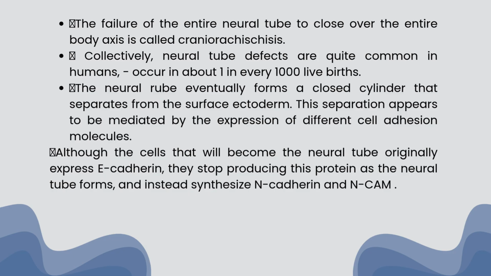The neural tube eventually forms a closed cylinder and separates from the surface ectoderm, and this separation is mediated by both environmental and genetic factors. The cells which are going to develop into the neural tube express E-cadherin, and they stop producing this protein as the neural tube forms, and instead they secrete N-cadherin and N-CAM.